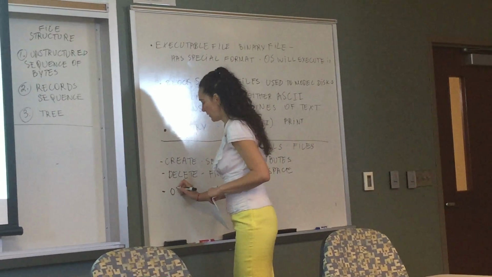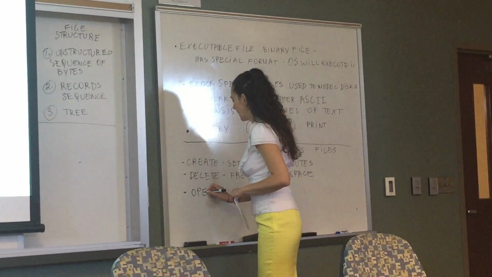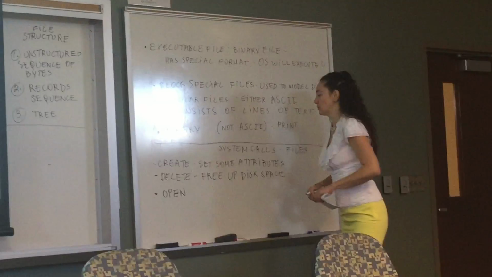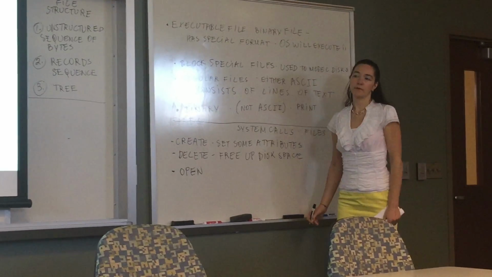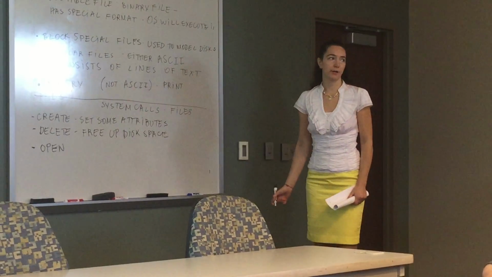Okay, before we can do anything with a file, we need to initiate a system call called open the file. Why does the file need to be opened before we do anything with it?